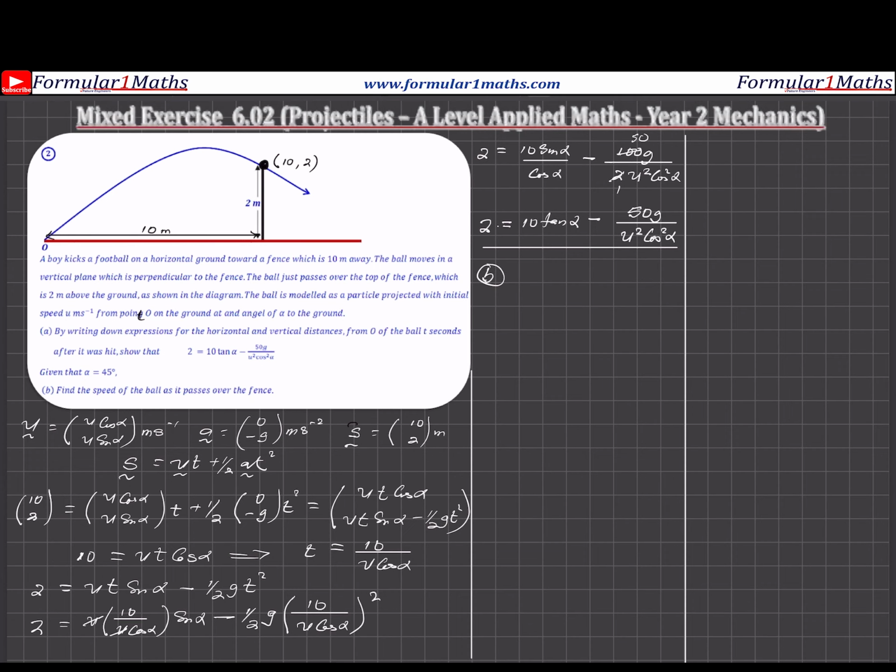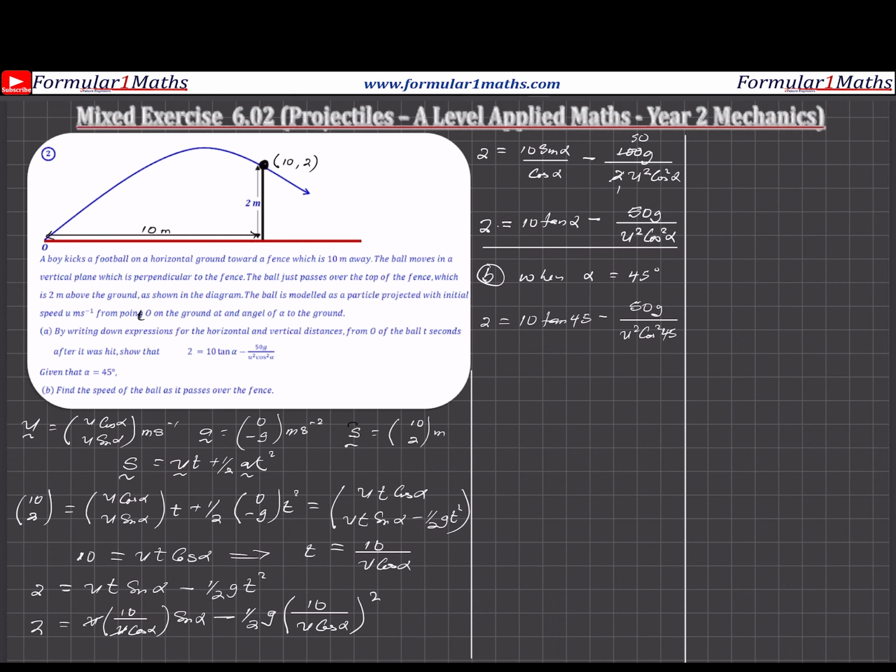So when alpha is equal to 45 degrees, then using this equation here to obtain the value of u, we can have 2 is equal to 10 tan 45 minus 50g all over u squared cos squared 45.